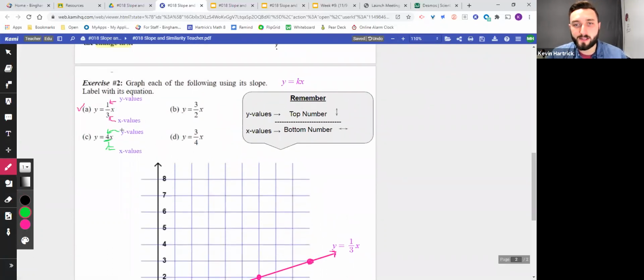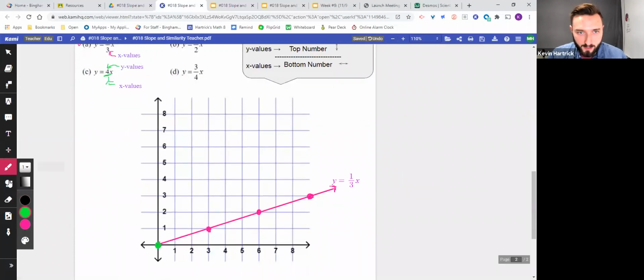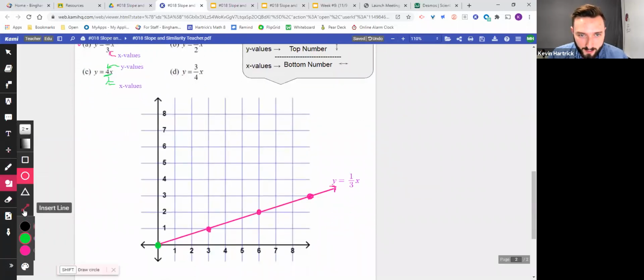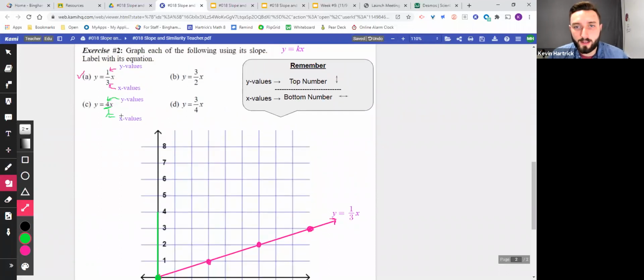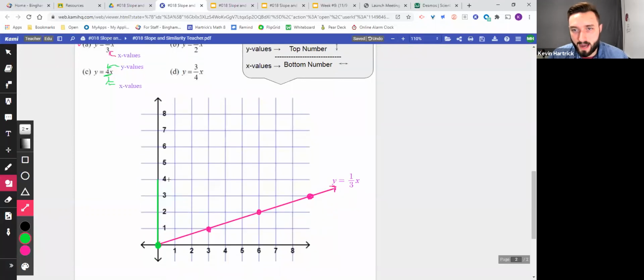My pattern says the y values go 4 in the positive direction. So 4 in the positive direction is up. So I'm going to start here. I'm going to go up 4 now. Next thing, I'm going in the x values 1. So I'm going positive 1 in the x direction, which is right. And boom, my point is all the way up there.